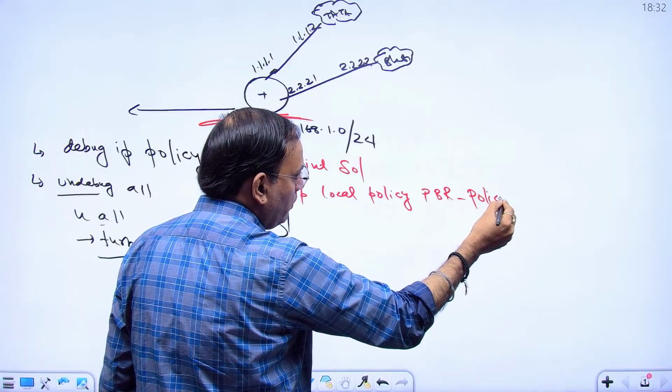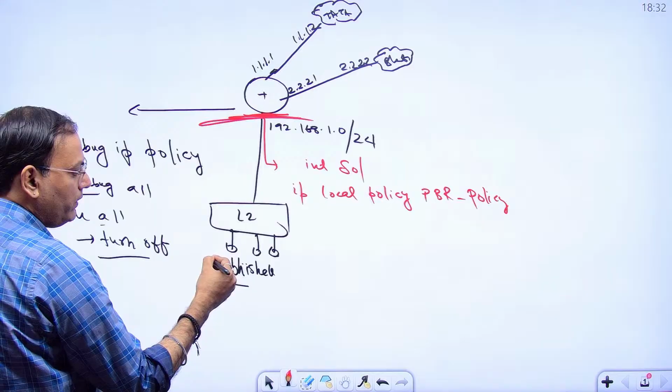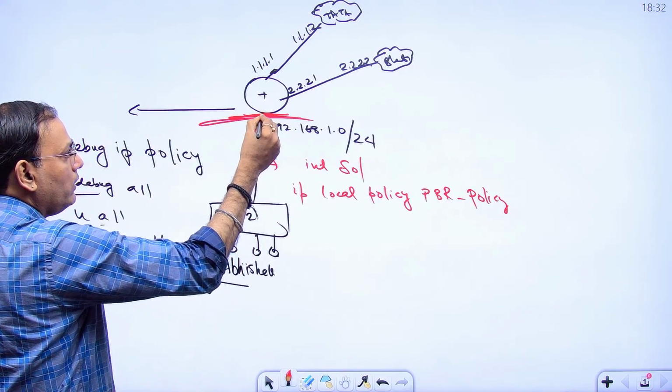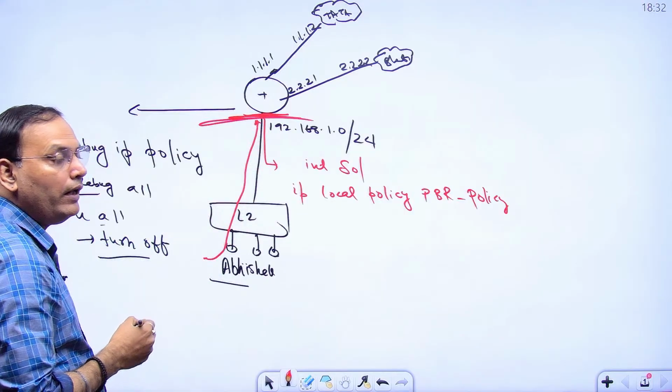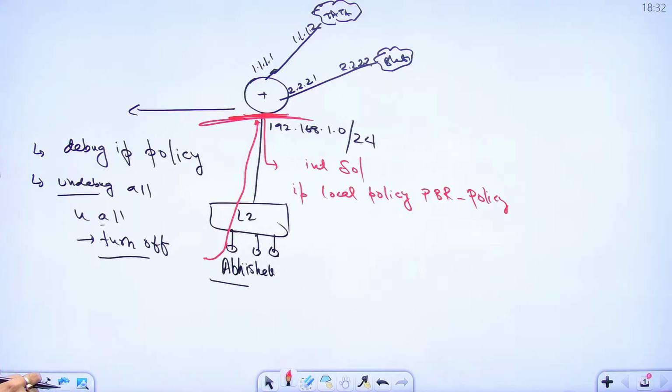Not on WAN, on your LAN. Why on LAN? Why not on WAN? Because the traffic from the Abhishek laptop will come on this router, hit this interface, and on that interface there is a policy applied, and that policy will tell you either to route towards Tata or Bharti.